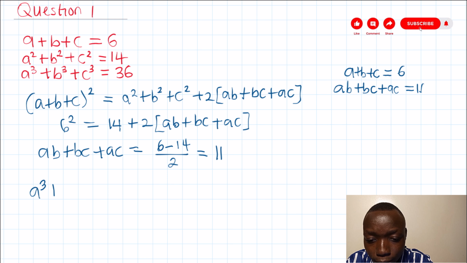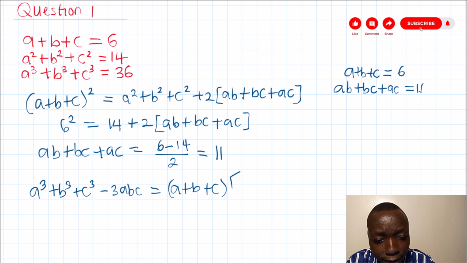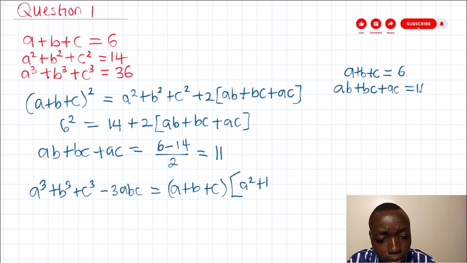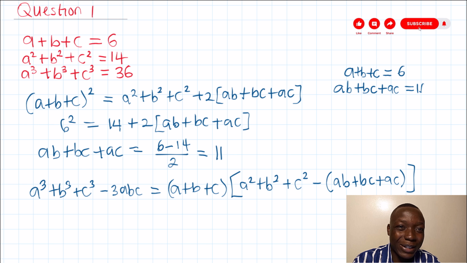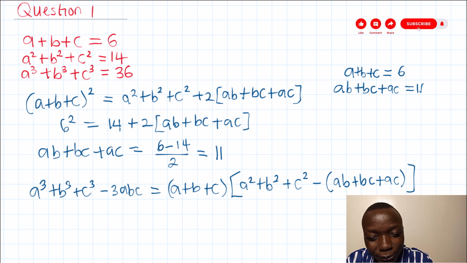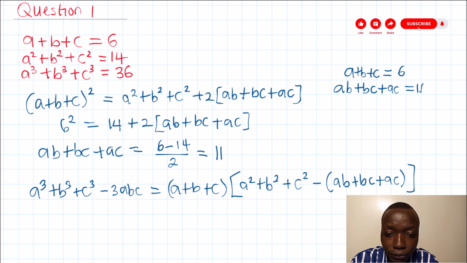a cubed plus b cubed plus c cubed minus 3abc is equal to (a plus b plus c) multiplied by (a squared plus b squared plus c squared minus (ab plus bc plus ac)). So you can check this out, right? We'll just substitute: a cubed plus b cubed plus c cubed is 36.